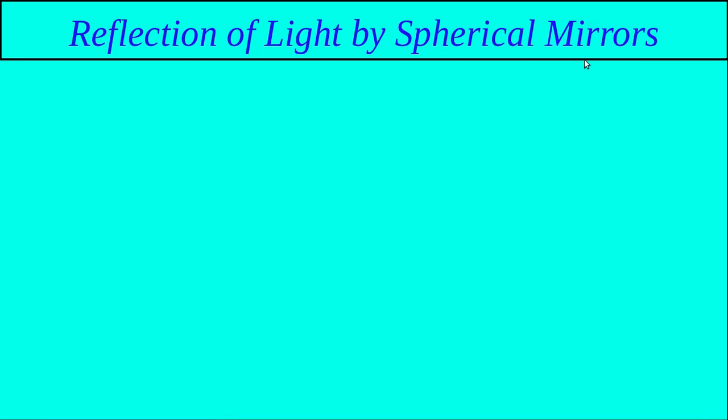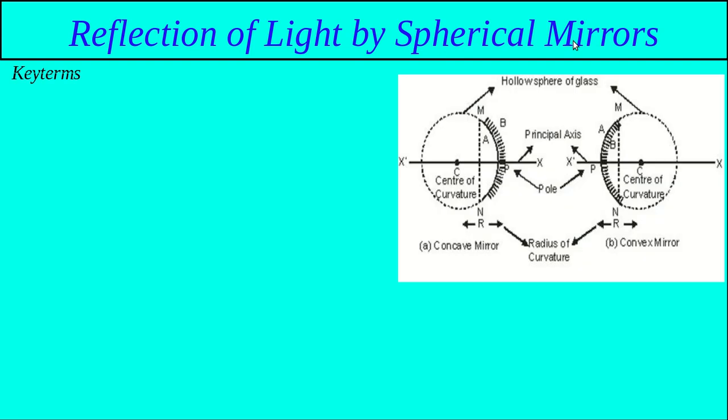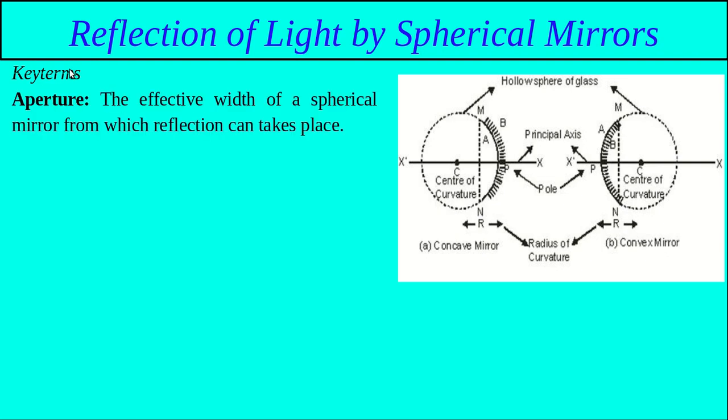Coming to the topic of reflection of light by spherical mirrors. Now, there are basically 2 types of spherical mirrors, namely the concave mirror and the convex mirror. Some of the key terms which you should be acquainted with before we cover this topic are the aperture of a spherical mirror.